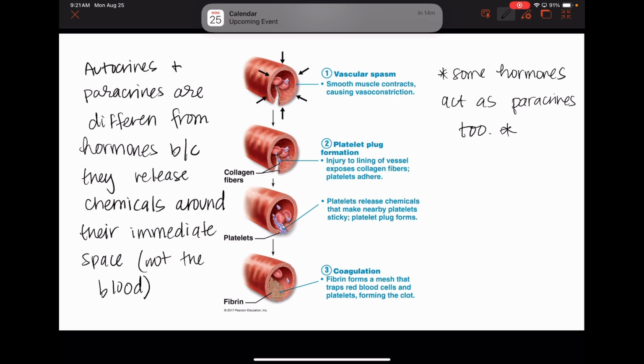So let's talk about female reproductive organs. Female reproductive hormones are produced at the ovaries, right? Your estrogen, your progesterone. At the ovary levels, it helps with cell development and release, which would be paracrine in that case, because it's all happening just at the ovaries.